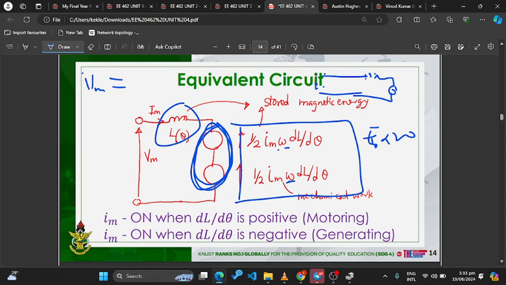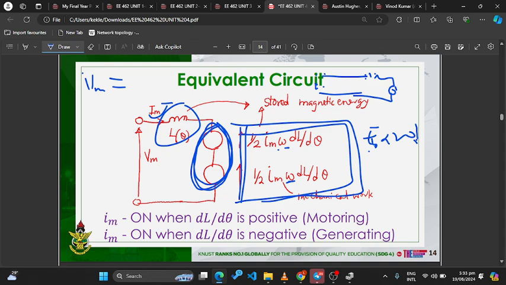Okay, thank you. So this is what happens at low speed. The lower the speed, the lower your back EMF. That means the lower this side. And if this side is lower, then the higher the current that will be flowing.